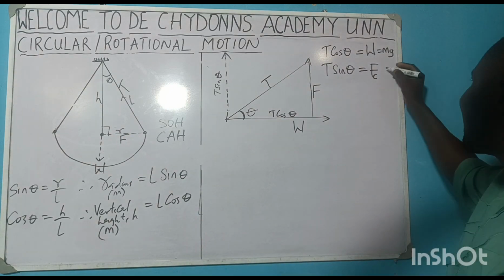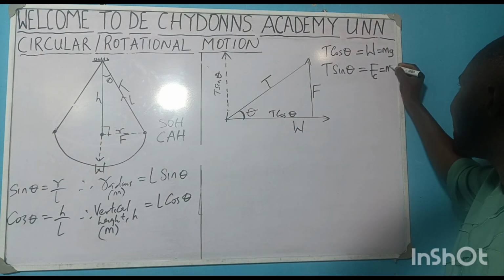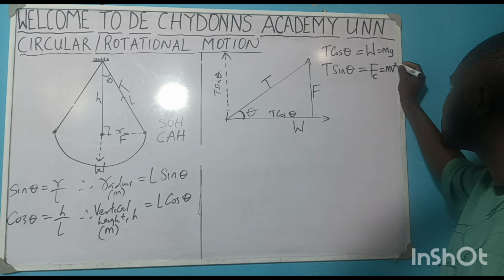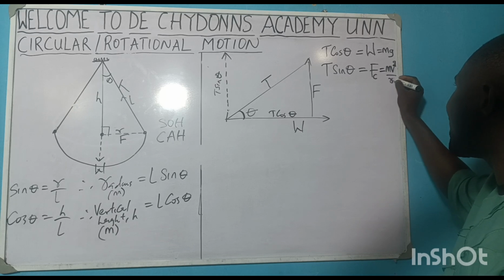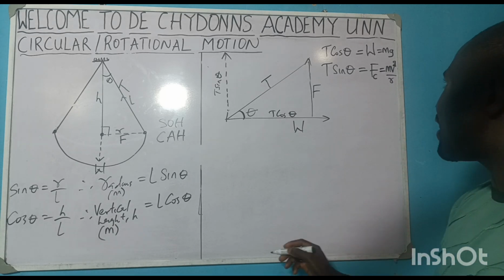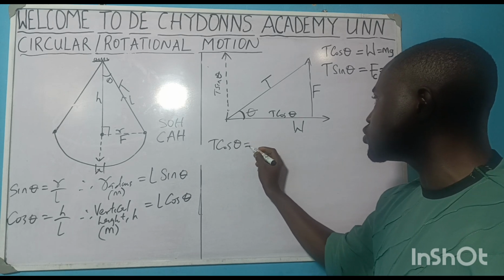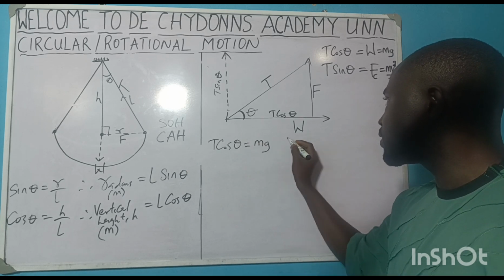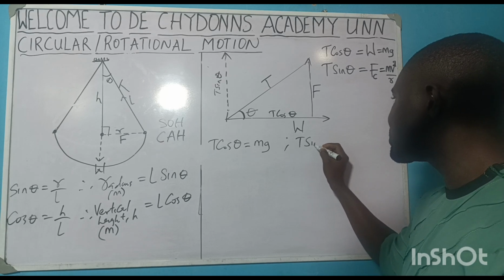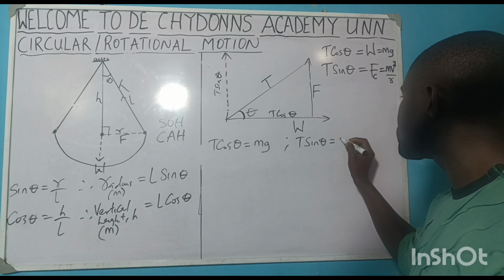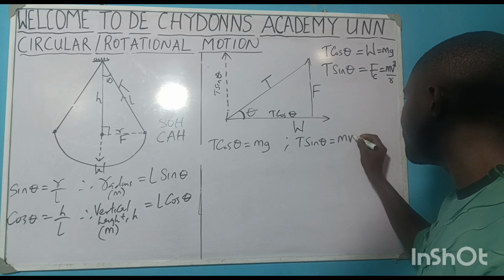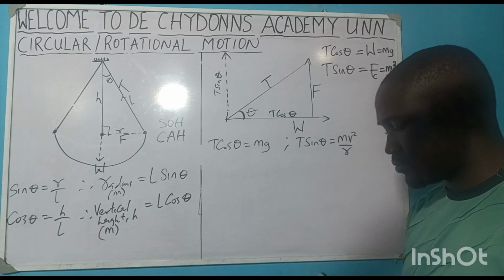And so that centripetal force is equal to mv squared all over r. So we'll be having T cos theta equals W, which equals mg, and also T sine theta equals Fc, which equals mv squared all over r.